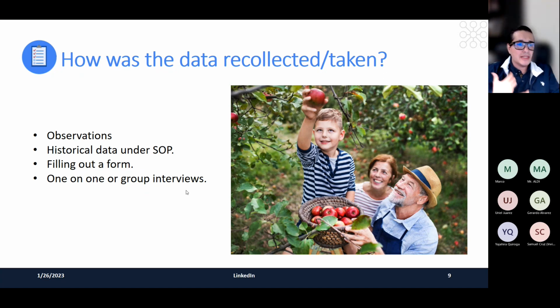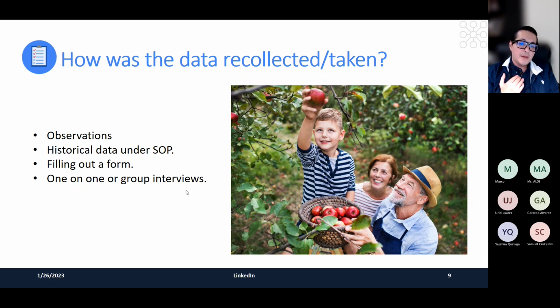Now, how can I build a strategy? If I'm tasked to do an analysis and I have to collect the data, what are my available tools? First of all, the one that any one of us has executed is an observation or a check sheet. Another form is to collect historical data.